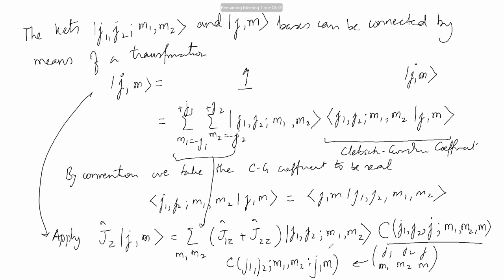Here it is M1 h-cross ket J1, J2, M1, M2 times the Clebsch-Gordan coefficient, and M2 h-cross the same thing.